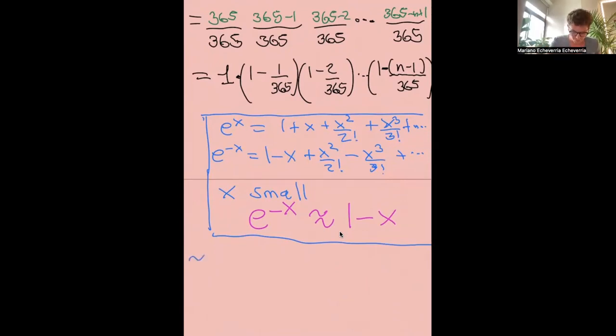So this can be approximated as 1 times 1 minus x, oops, this is x in this context. So that would be e to the minus x. So it's e to the negative 1 over 365.